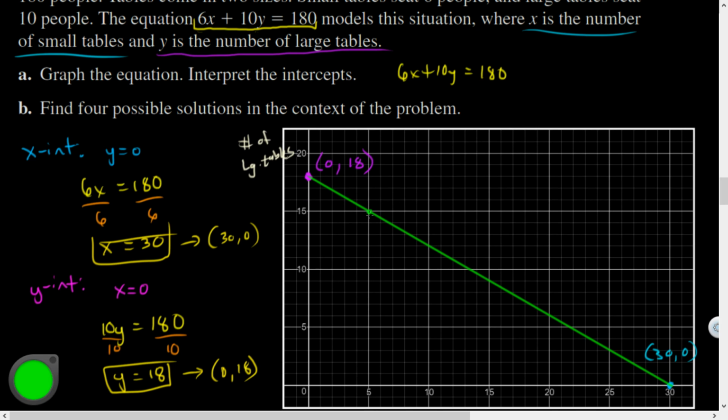It looks like right here is one, I'm thinking. Looks like if I go down 3 each time, it's hitting. Down 3, down 3, down 3. Yeah, so here's a solution. This would be 5, 15. What would that mean in terms of this problem?